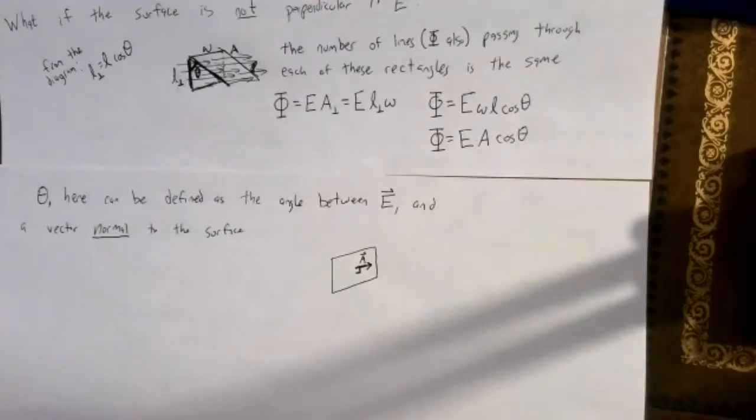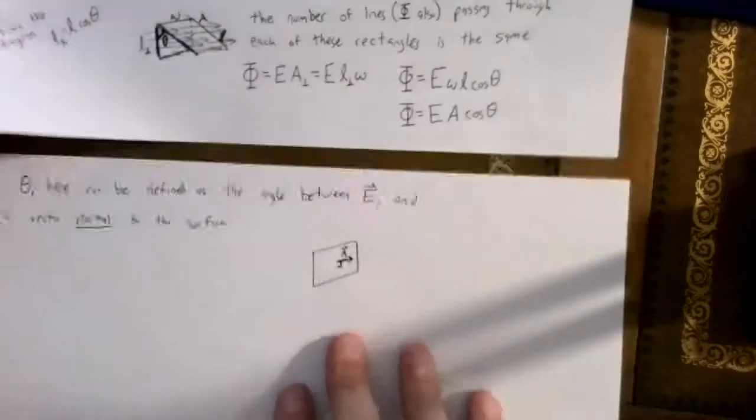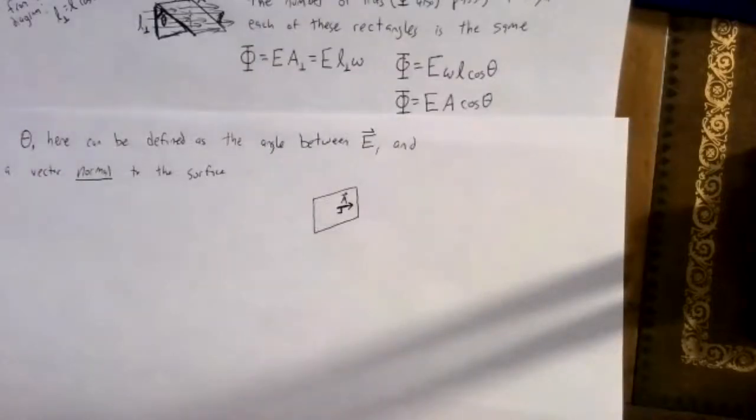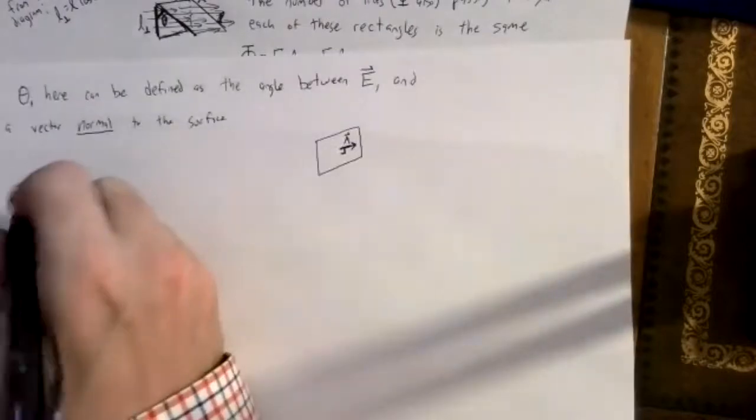If you know what direction that normal vector is pointing, that's enough to give you the information about which way that surface is oriented. Hopefully, when you work a couple of problems, that'll become a little more clear. So we're going to define this vector A.